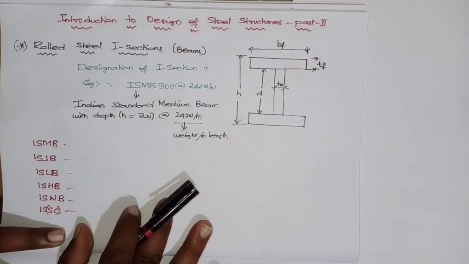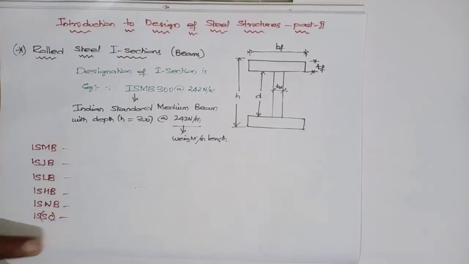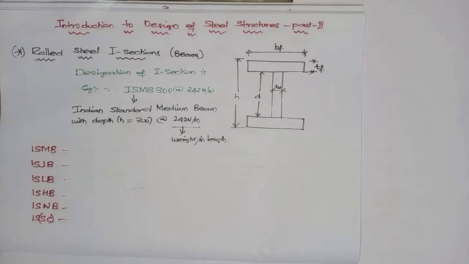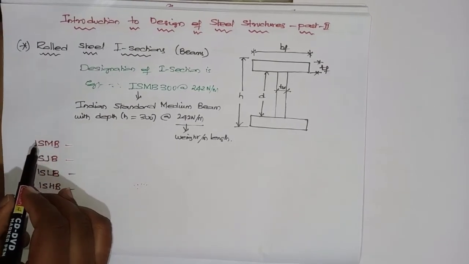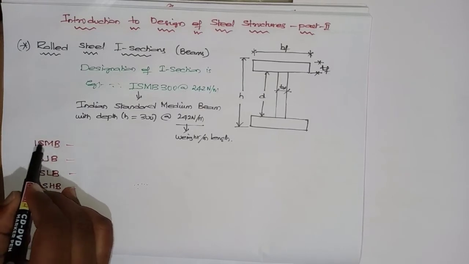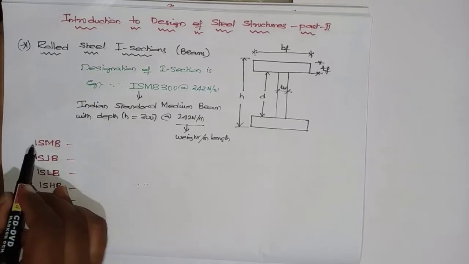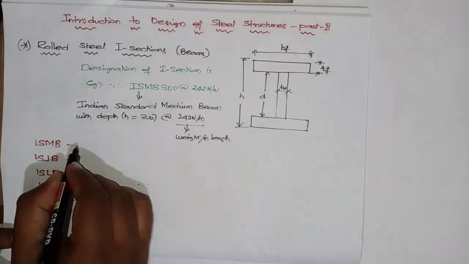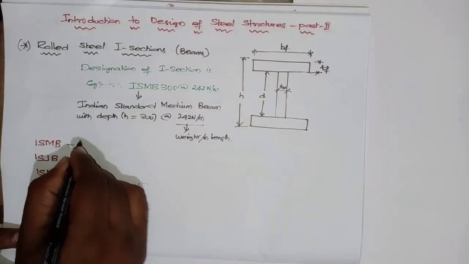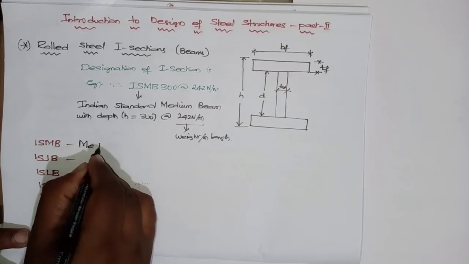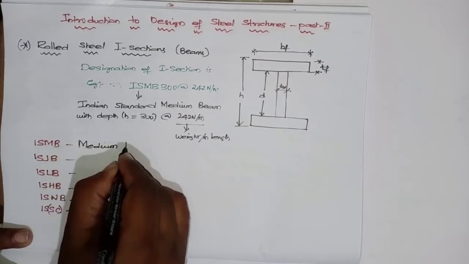Now here are the different types of rolled steel I sections. ISMB. IS stands for Indian Standard in everything. Medium Beams, Indian Standard Medium Beams.